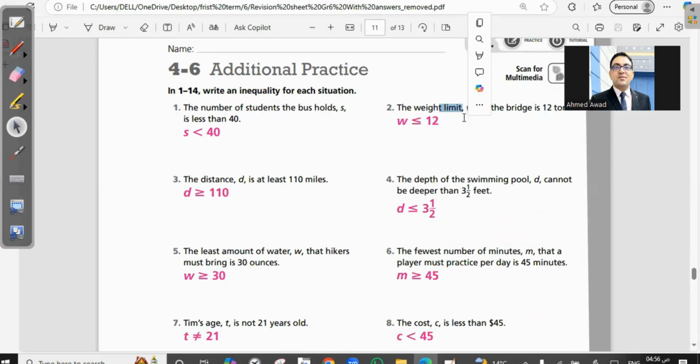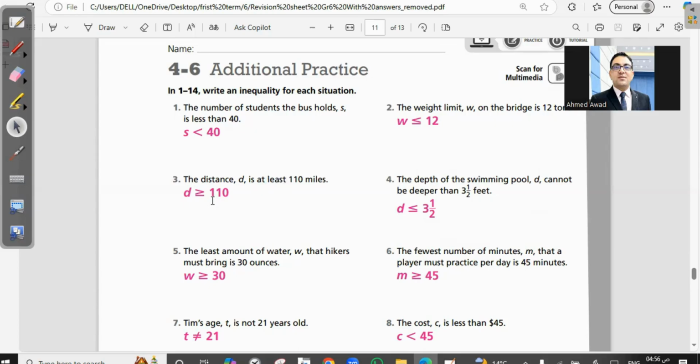So the weight limit of the bridge is 12 tons. What does this mean, guys? It's going to be less than or equal. So W is less than or equal to 12. The distance is at least means not less than. Not less than means greater than or equal.